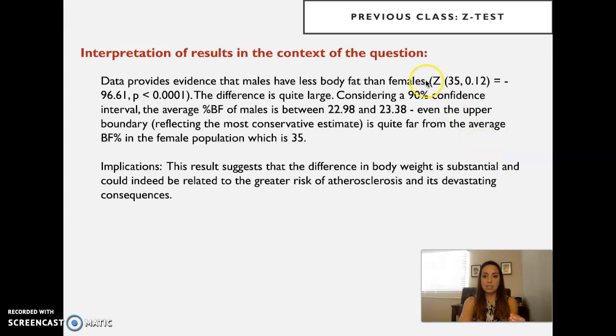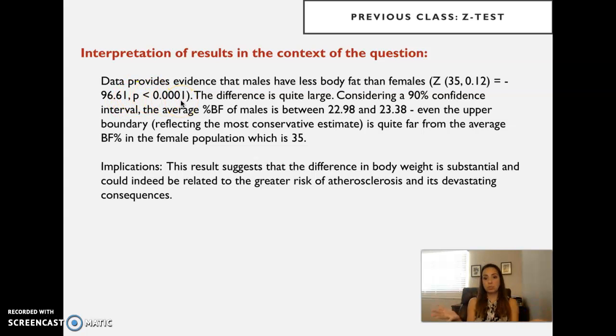And this is your parameters in the statistical sense. You have the Z, because it's a Z sampling distribution with a center of 35 and a spread of 0.12, which is the standard deviation of the sampling distribution. And the observed is negative 96.61, and the p-value is 0.00.